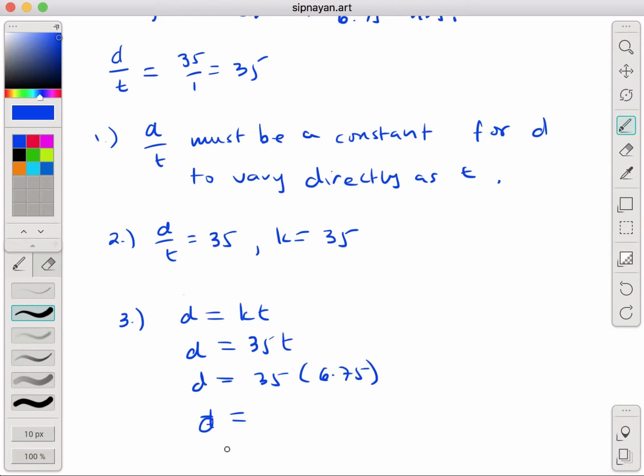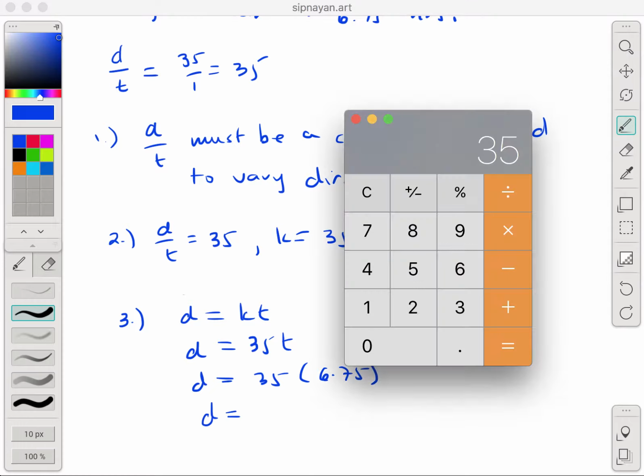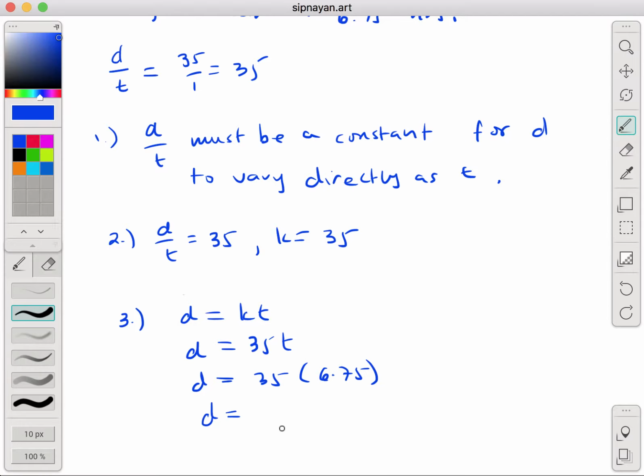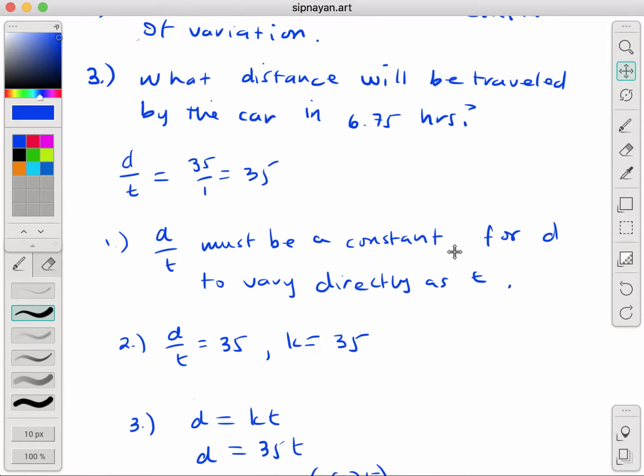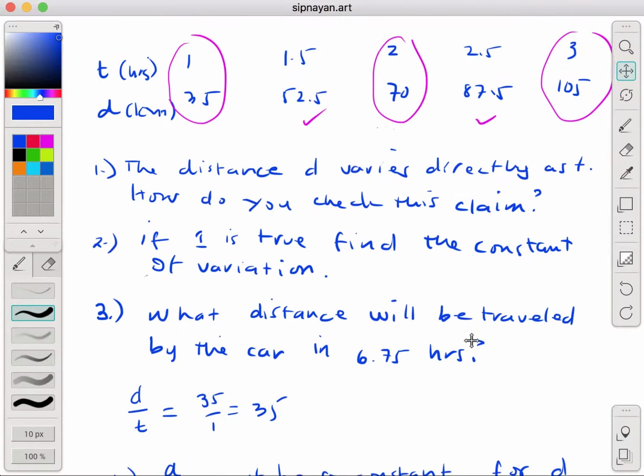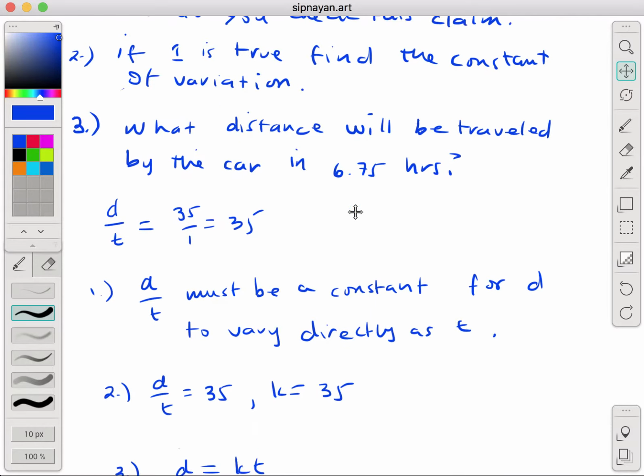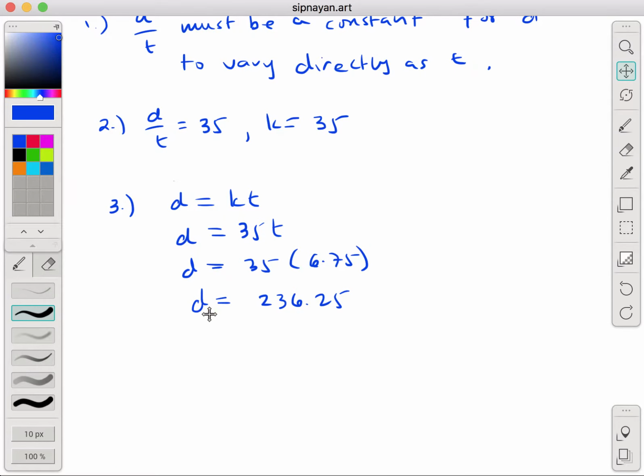D equals 35 times 6.75 hours, 236.25. And anong unit natin dyan? Kilometers, no? Kasi distance yung pinag-uusapan natin. So, kilometers dito. Distance, no?